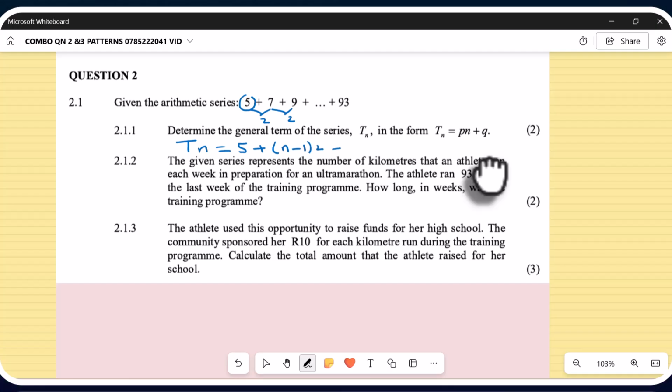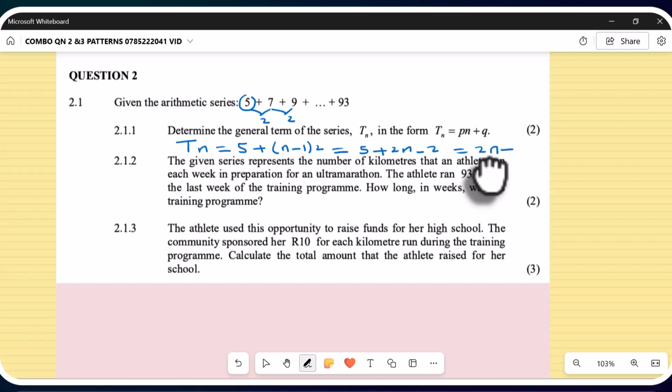So here now the sum of the kilometers run in the 45 weeks, that's S45, equals 45 divided by 2, open brackets.